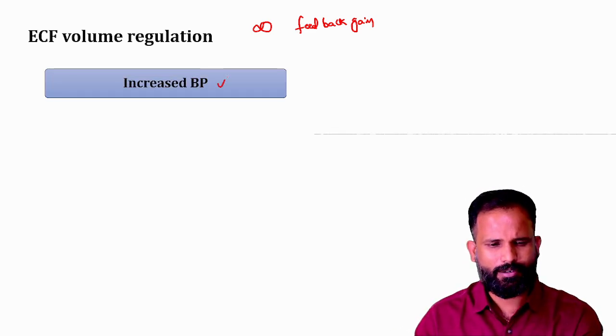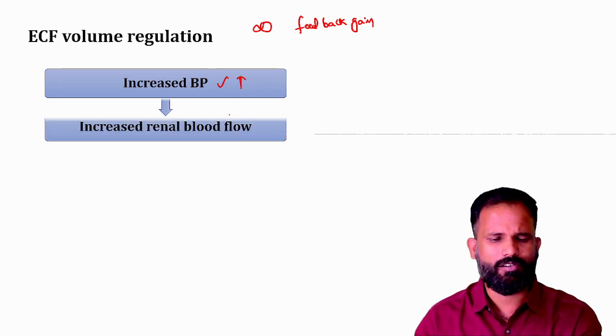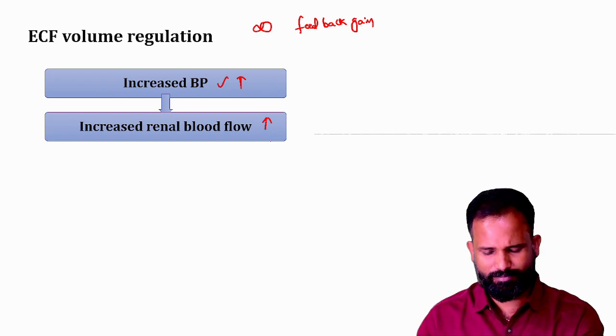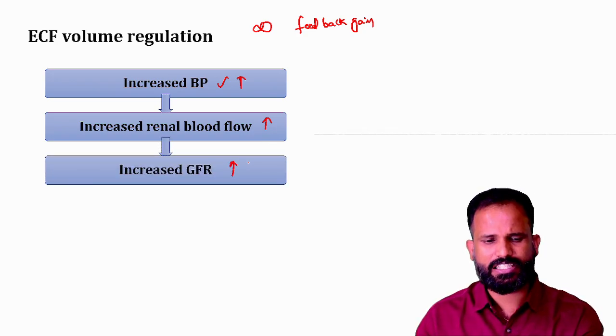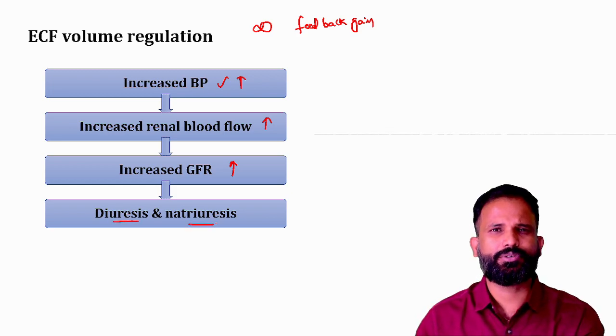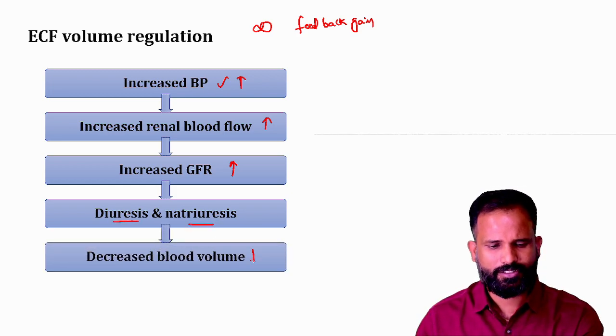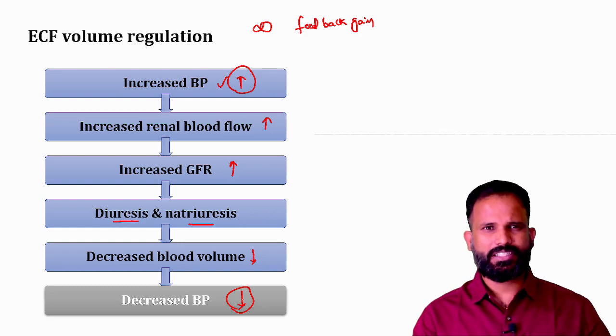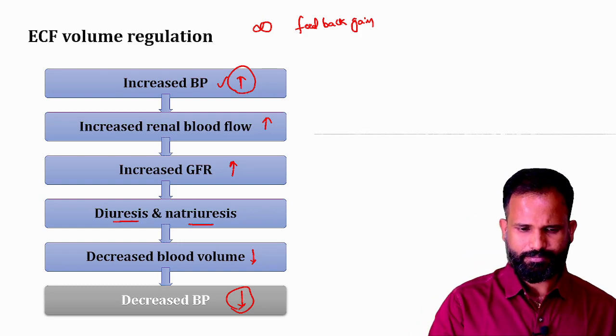Whenever BP is raised, BP causes increased hydrostatic pressure in the renal blood flow. So increased filtration, that also causes diuresis and natriuresis. So decreased blood volume. So finally BP is lowered. So initial change is increased and the final change is decreased blood pressure. So this is the ECF volume regulation.